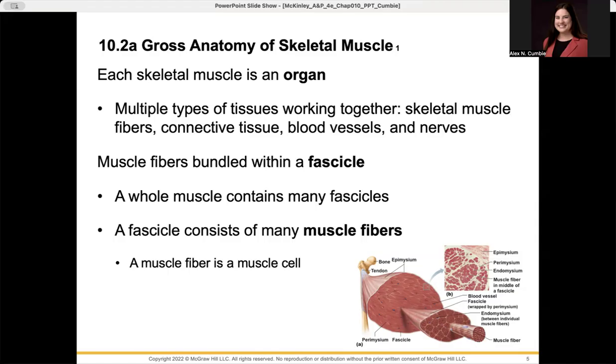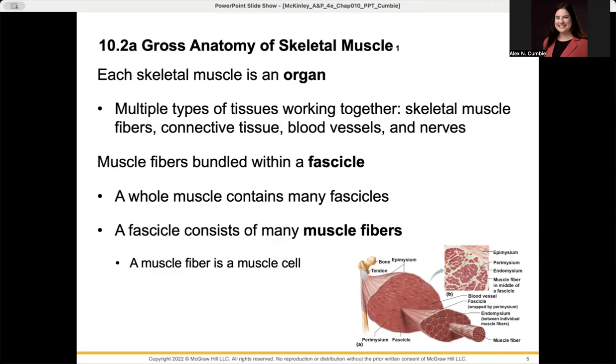There are other things associated with these muscles as part of this system, like connective tissue, blood vessels, and nerves. It's important to note, we're going to be talking a lot about muscle fibers. The word fiber for the musculoskeletal system is the same as saying a muscle cell. So instead of calling them all muscle cells, we'll call them muscle fibers.